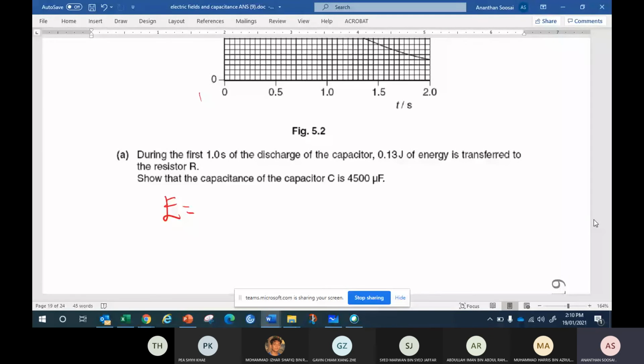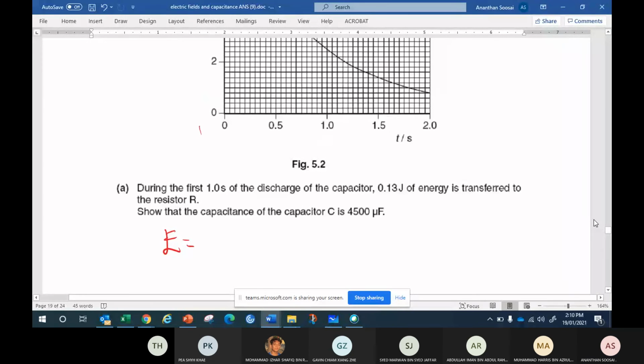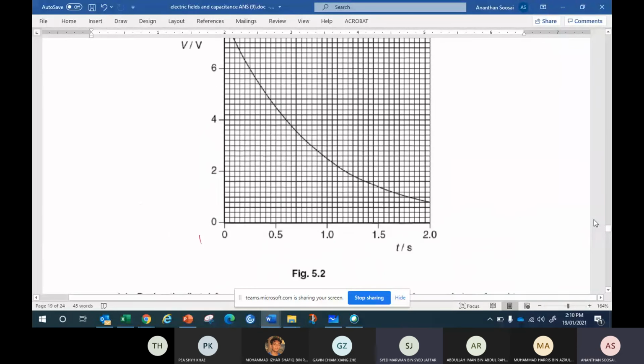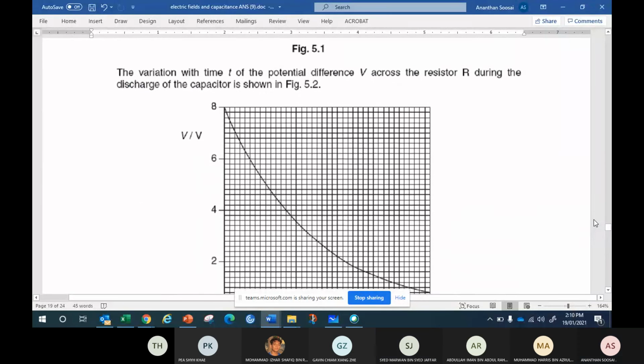Half QV, half CV squared, half Q squared over C. Which do you think is suitable? We need to prove that C is 4,500 microfarad. It depends whether voltage or charge is given. So what do you think, should it be the available voltage here?